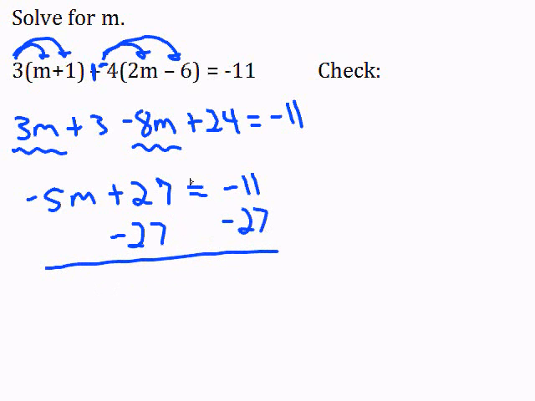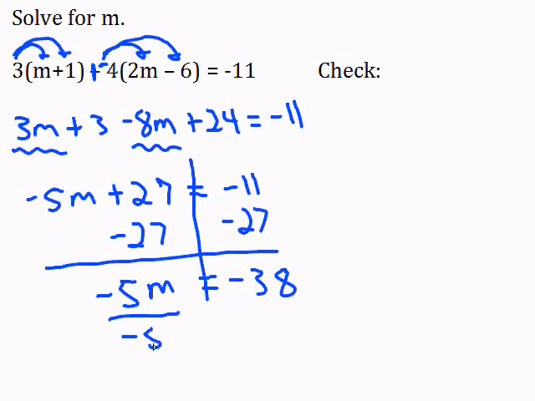This leaves us with negative 5m, because 27 minus 27 is 0, equals negative 11 minus 27 gives us a negative 38. We can solve it the rest of the way by dividing by negative 5, and we get m is equal to negative 38 over negative 5, which can be written as 38 over 5.